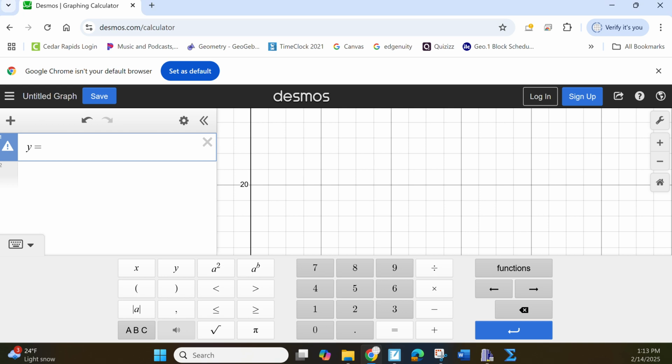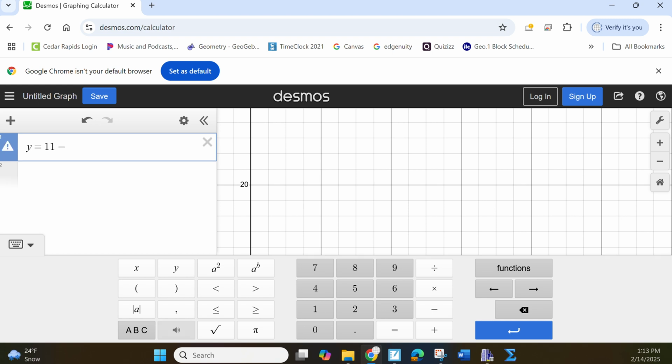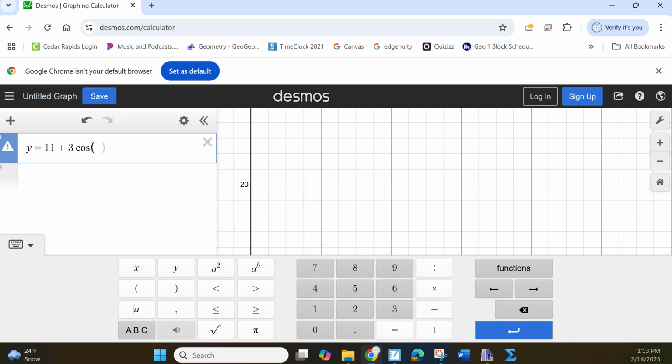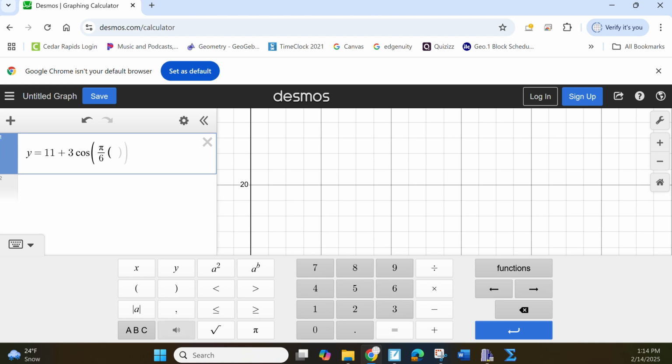So I have 11, or actually this one is a plus, 11 plus 3 cosine of pi divided by 6. You could be watching this right now or you can actually be trying to use Desmos out.